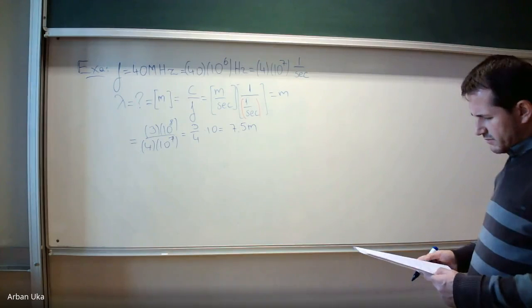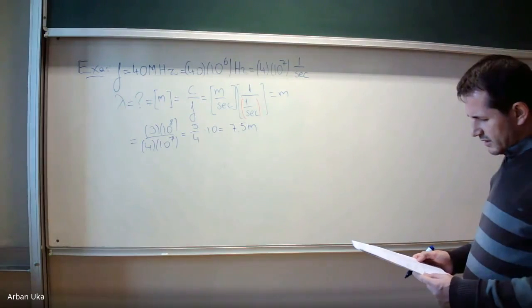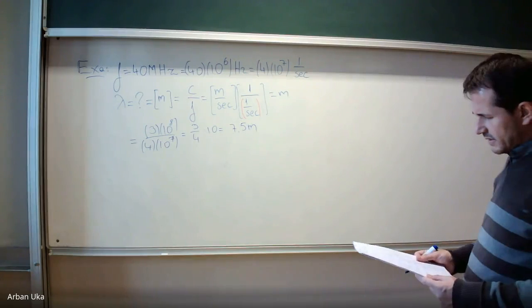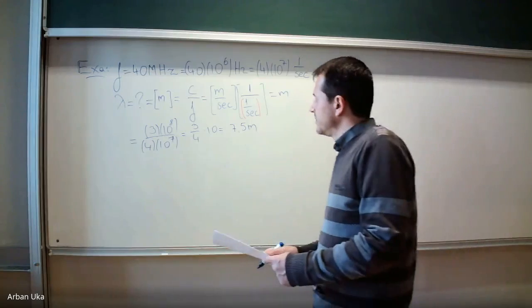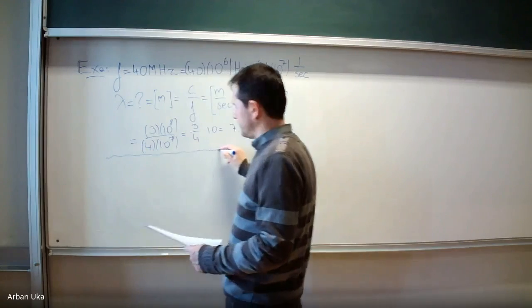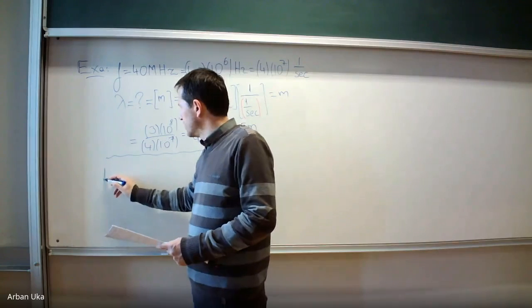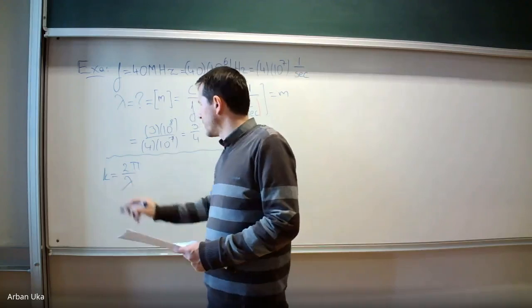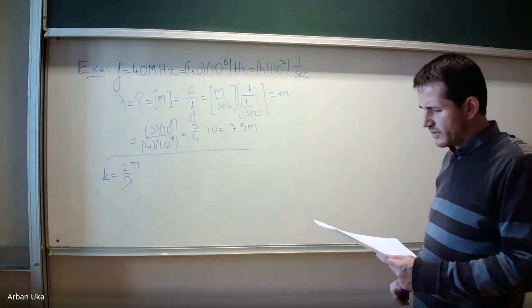We can also express a couple more relationships, but before we go to another exercise, let us remind each other of the other parameters we can extract: the propagation constant k, which is 2 pi over lambda.